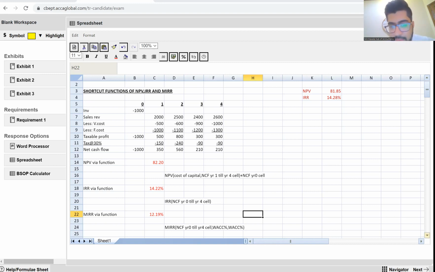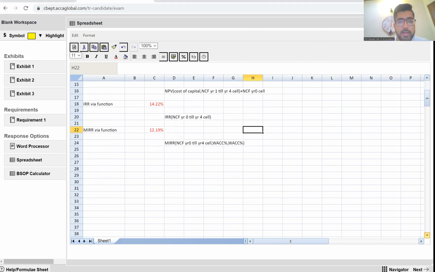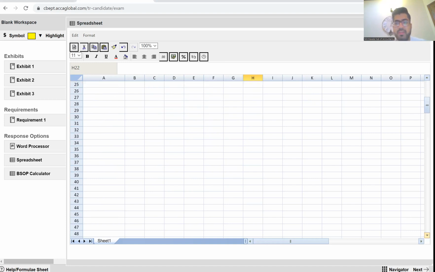Okay, now these particular functions are going to save a hell of a lot of time. That's clearly evident in my NPV calculation and IRR.